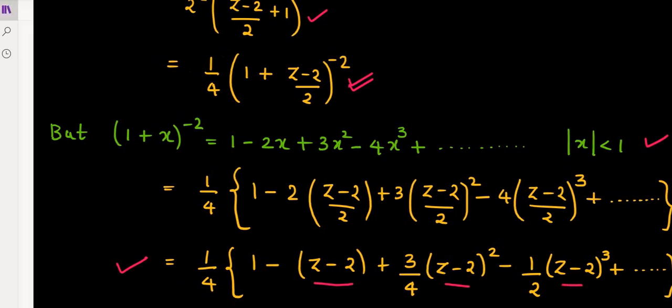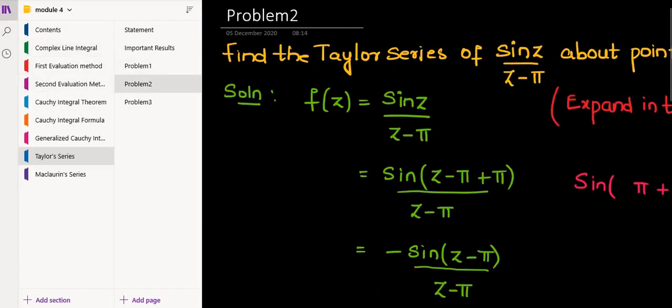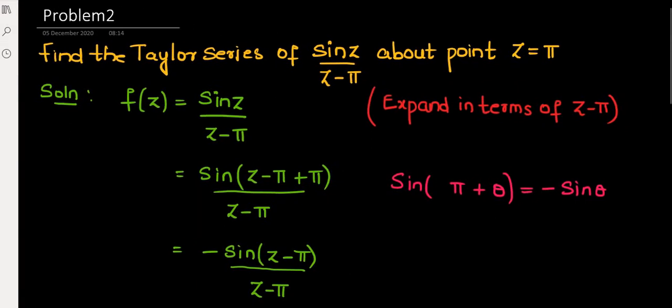Now let us proceed with another problem. Find the Taylor series of sin z/(z - pi) about the point z = pi. See, here we have to expand the series in terms of z - pi, because we have the point as z = pi.